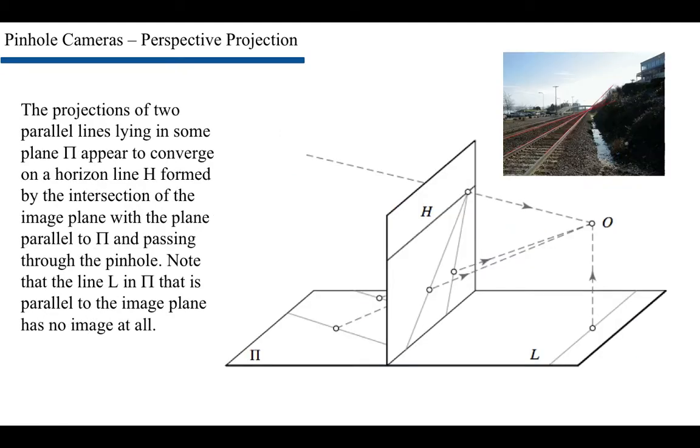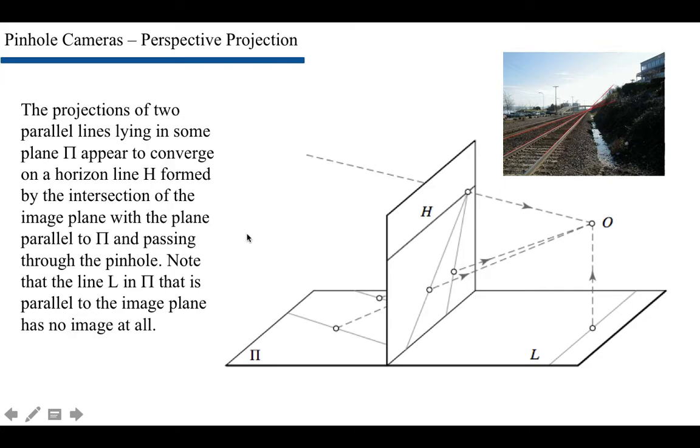Another really important thing is a common characteristic of the pinhole projection: the projections of two parallel lines lying in some plane P, here, two parallel lines. In this case, there is a plane here, this is a train track, and there are parallel lines. Here we can see at least one, two, three, even four parallel lines.